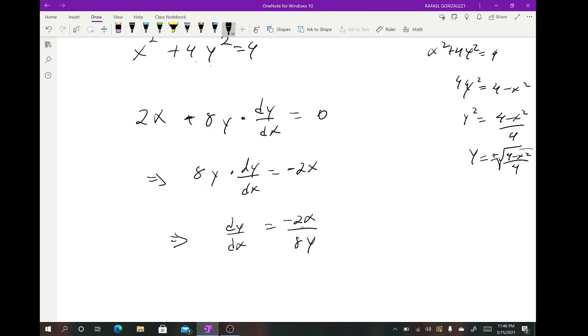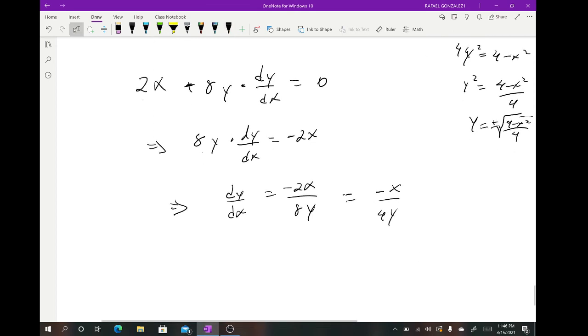And now we can simplify this a little bit more, because minus 2 and 8 share 2 as a common factor. So this is simply minus x in the numerator, and 2 times 4 is 8, so this is 4y in the denominator. So now we have the derivative. dy/dx is equal to minus x over 4y.